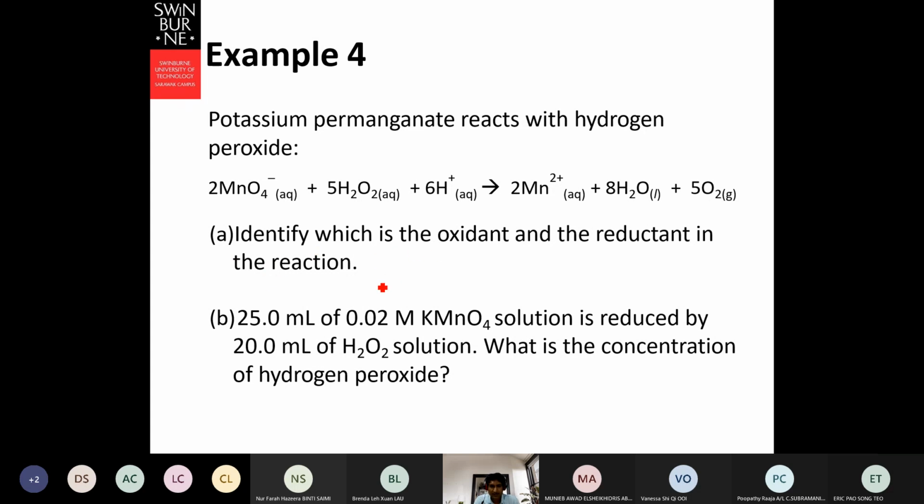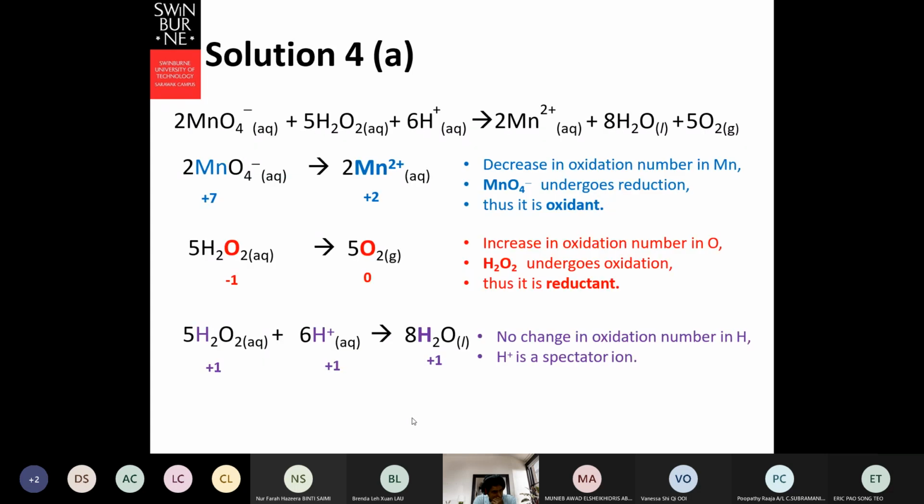How do we do it? 25 milliliters of potassium permanganate solution will be used by 20 milliliters of hydrogen peroxide solution. What is the concentration of hydrogen peroxide? We can find out the concentration this way.